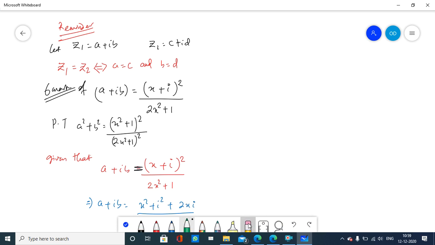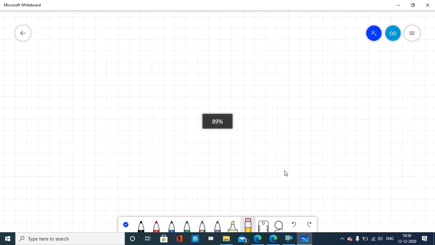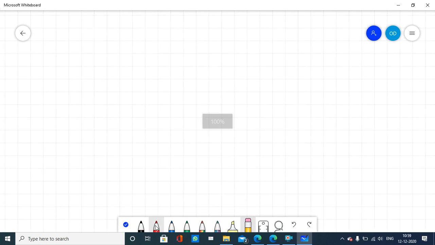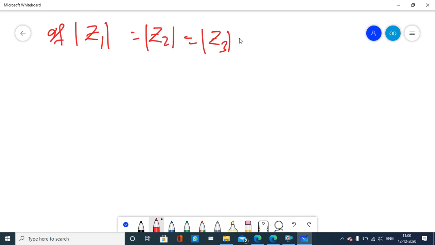And we'll do one more question, which is also appropriate for a long question. The question from the book itself says that if modulus of Z1 is equal to modulus of Z2 is equal to modulus of Z3 is equal to dot dot dot is equal to modulus of Zn.